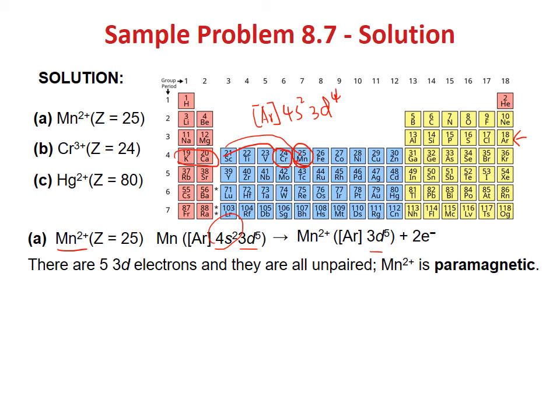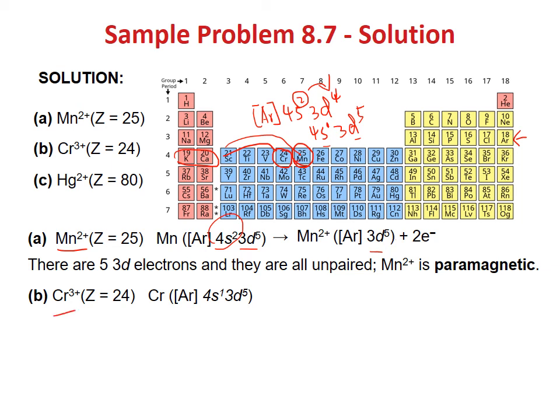So chromium is one of those elements that shows irregularity, and that means it can move an electron from the s orbital to the d orbital, so that the s orbital is half-filled and the d orbital is also half-filled. 5 electrons is half-filled, 10 electrons is full. So both s and d are half-filled. It's stable. Okay, so that's the electron configuration for chromium.